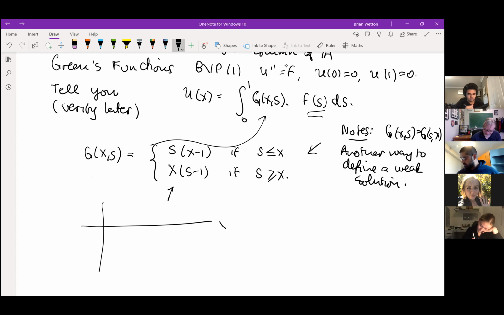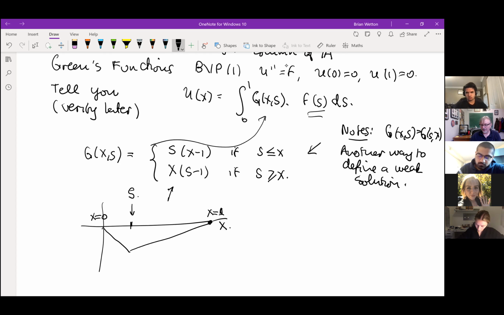I want to look at it as a function of x, but now I have to tell you I'm looking at it at a specific value of s. Okay, and it looks like this. So it's 0 at the two ends, like we know it's going to have to be, right? And it's got this shape.